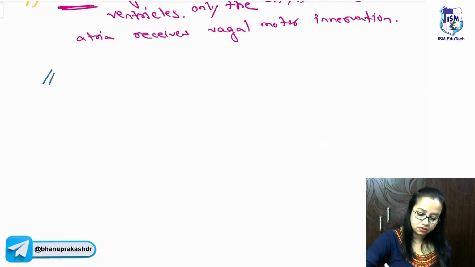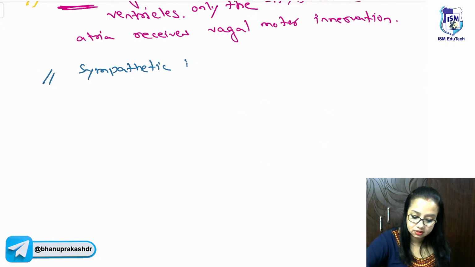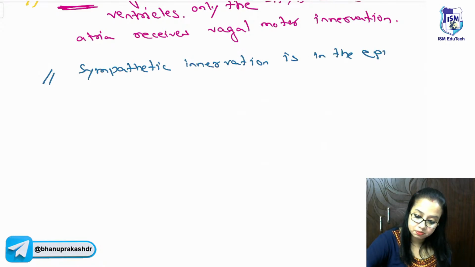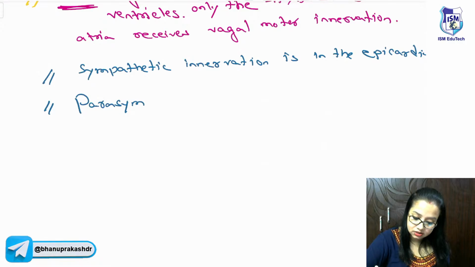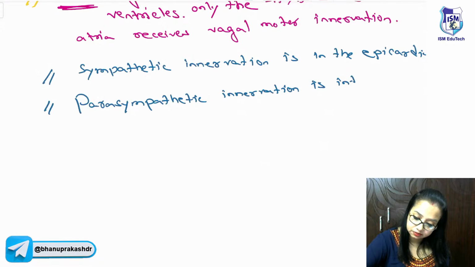Before that, we have to remember that the sympathetic innervation is in the epicardium and the parasympathetic innervation is in the endocardium layer of the heart.